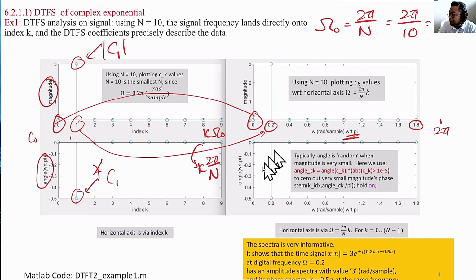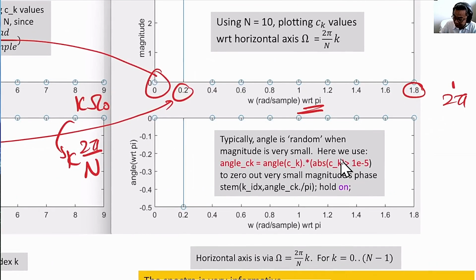Now, when you plot DTFS using MATLAB, you'll realize that sometimes the phase is very horrible. There are a lot of random values, even though the magnitude is very small. This is due to numerical precision.